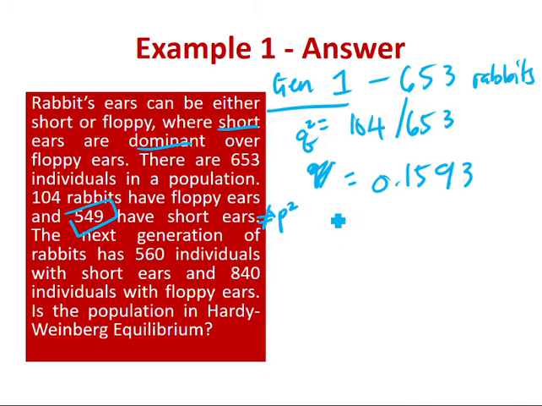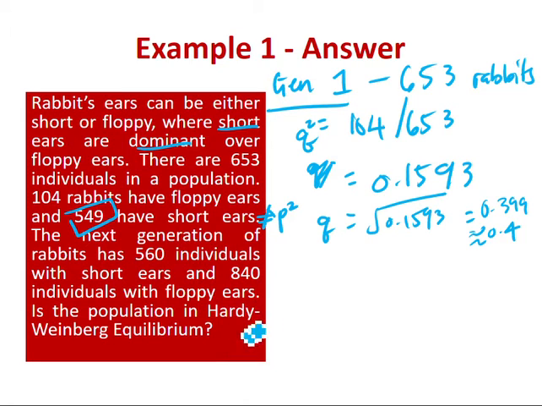That is q squared. You want to find q, so you have to square root this number. You get 0.399-ish, which is close to 0.4. So this is your q.